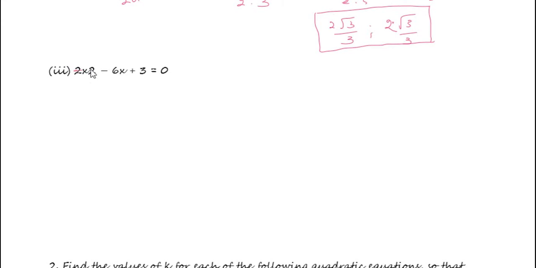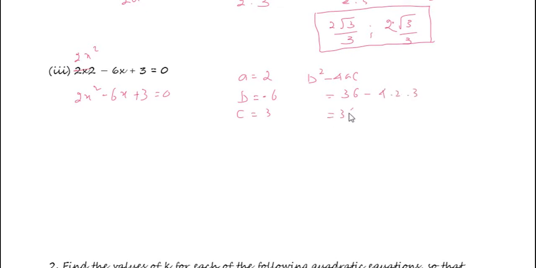Next is the exercise. This is 2x² − 6x + 3 = 0. a = 2, b = −6, c = 3. Let us find first b² − 4ac to find out the nature of the roots. b² is 36, minus 4 into a into c.